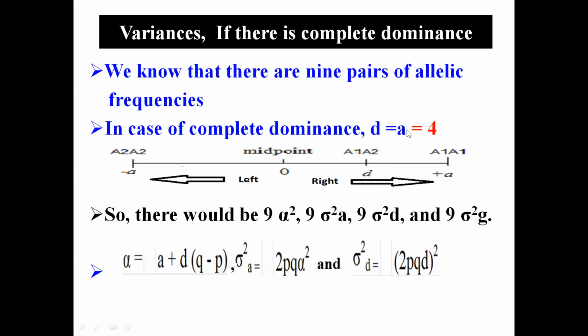But here we have given the value 4. So in case of complete dominance, D is equal to A. In this case, there would be 9 alpha, 9 additive variances, 9 dominance variances, and 9 genotypic variances. I have again mentioned the related formula.